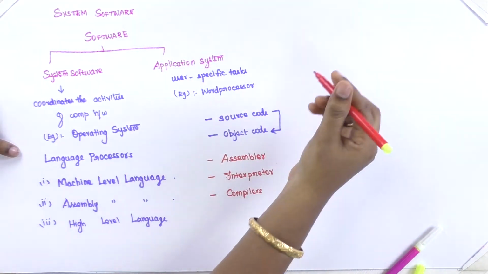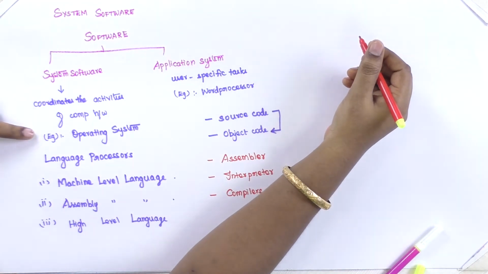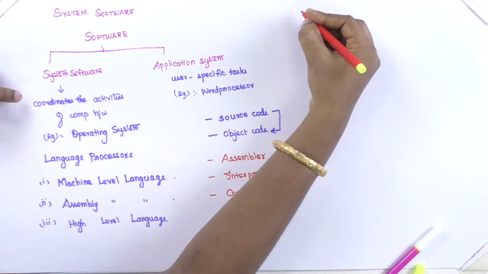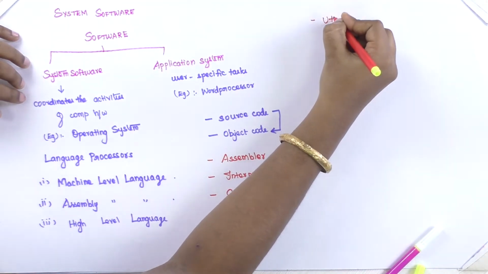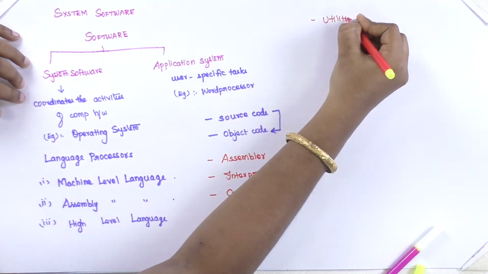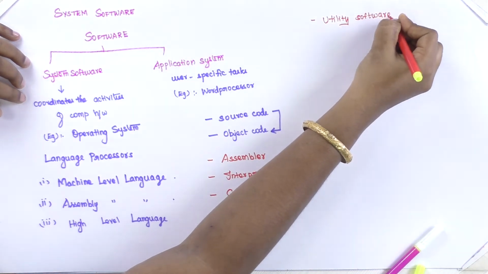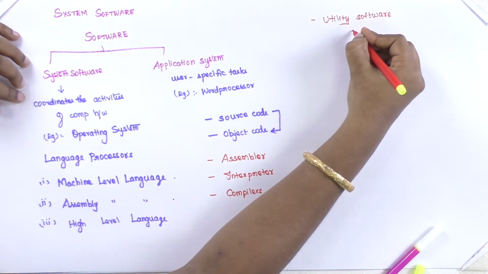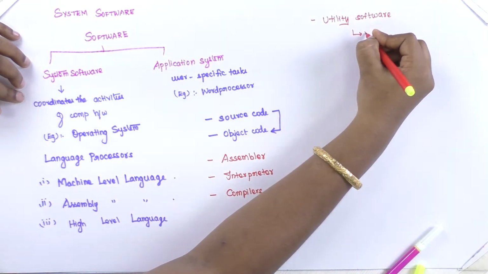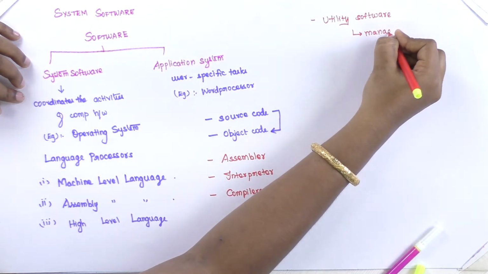Other kinds of system software, other than operating system and language processors, are utility software. Utility software manages, maintains and controls computer resources.